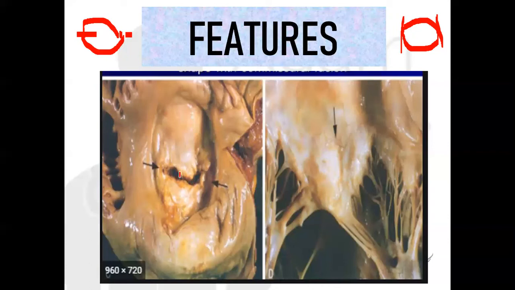Ultimately, as this commissural fold shortens and thickens, the lumen of your mitral valve will decrease, and it is going to appear like a fish mouth or a buttonhole, a button-like appearance. Are you able to understand?